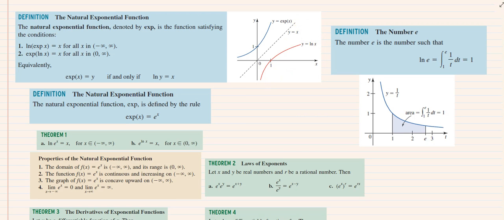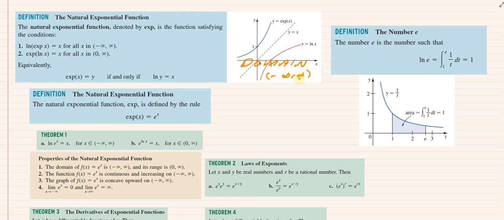So for example, property number 1 reads: the domain is all real numbers. This would be the domain of the exponential function. We're looking at the blue curve, by the way. So this is the domain, all real numbers, negative infinity to infinity. Remember, domain of a function means all possible x values, and range would be all possible y values.